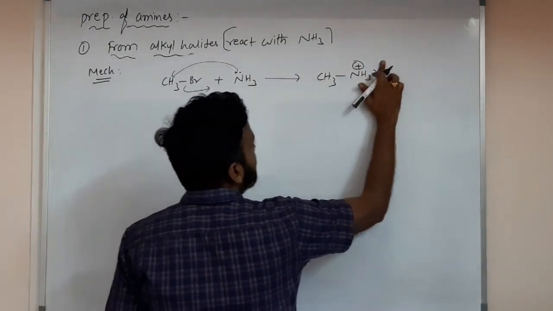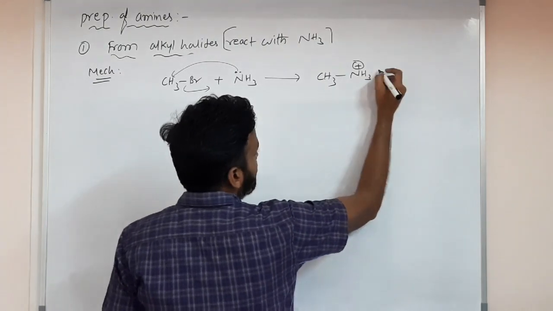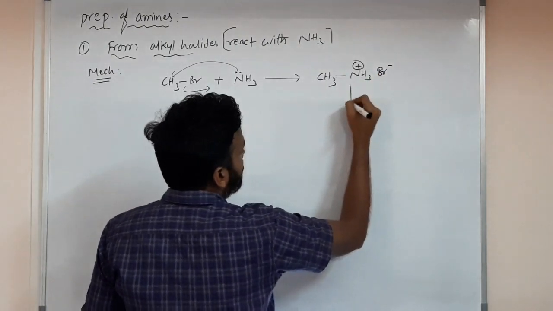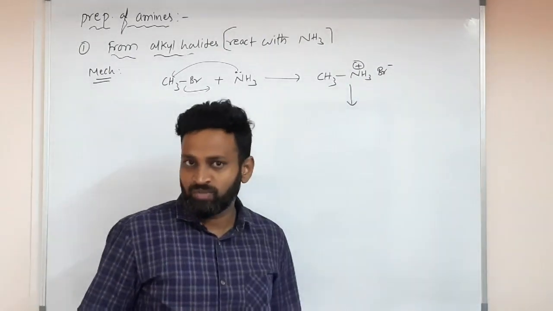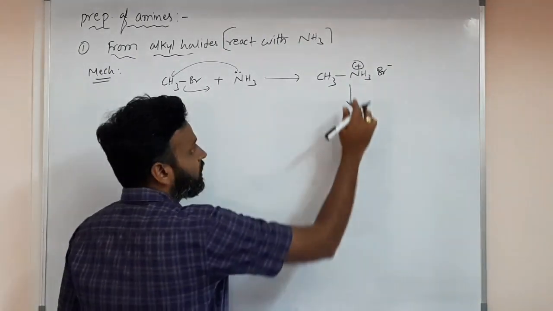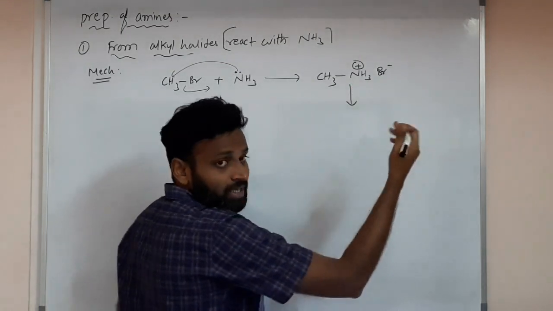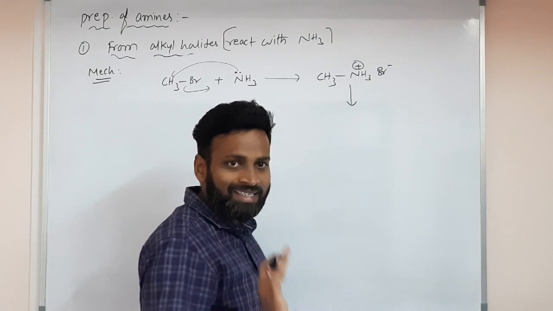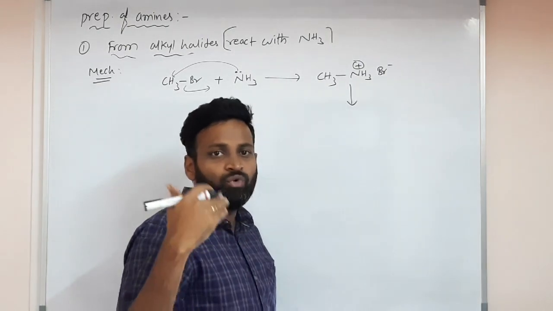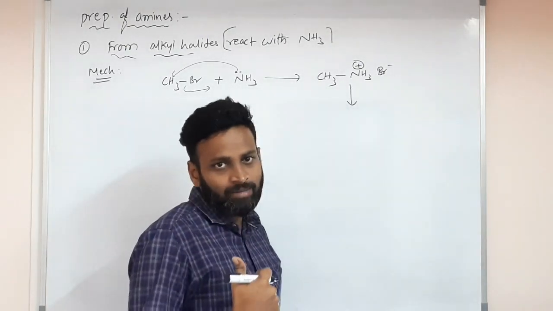If it is bromine, it's Br minus. But nitrogen with 4 bonds is unstable, while 3 bonds is more stable. That's why tertiary amine is stable and quaternary ammonium salt is less stable.